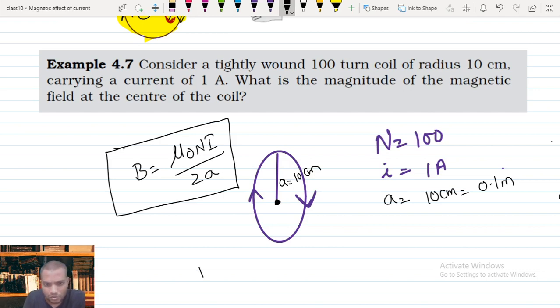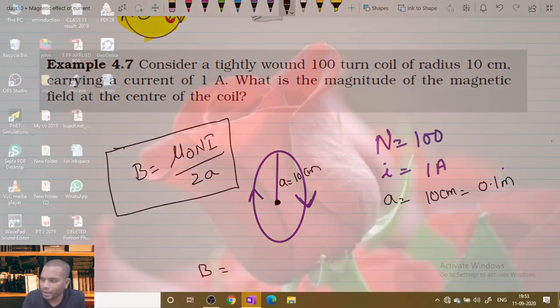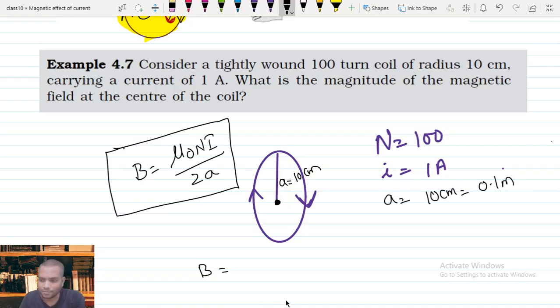So let's substitute the values. Mu naught value here is given as 4 pi times 10 power minus 7. So substitute all the values and do the calculation.